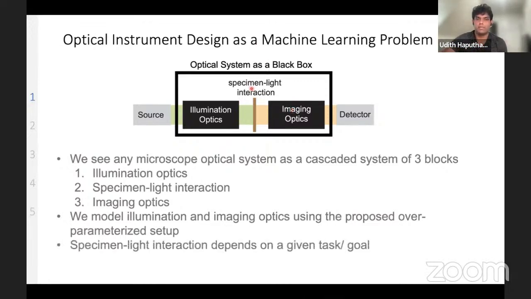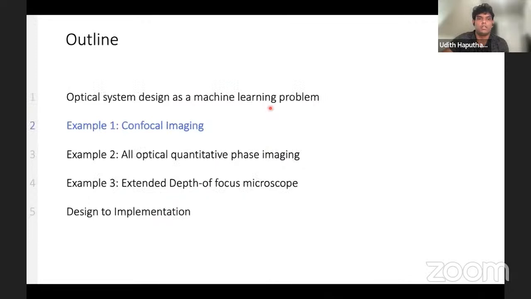The specimen light interaction depends on the task or goal that we want to achieve. So that's why it is a general framework to mimic, ideally, any microscope. So let's look at some results.